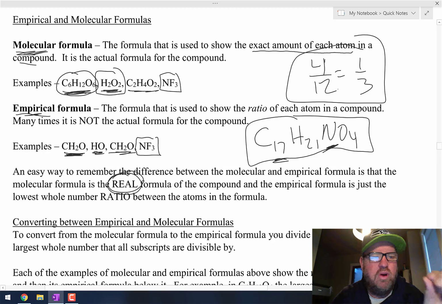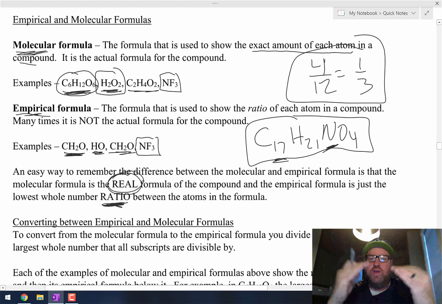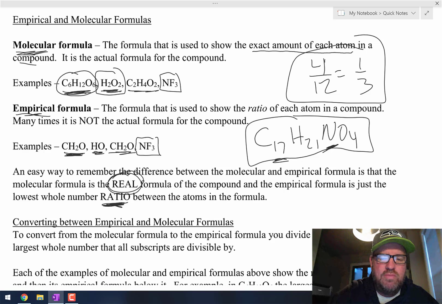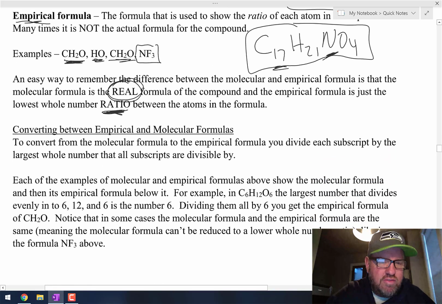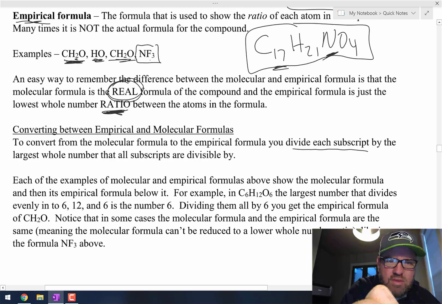So just remember, the molecular formula is the real formula, well, the actual formula of that compound, where the empirical formula just shows the ratio. It's basically the reduced version of the numbers in that compound. Okay, and obviously to convert from them, we already talked about them, you divide each subscript. These little numbers down here in the bottom, those are the subscripts.